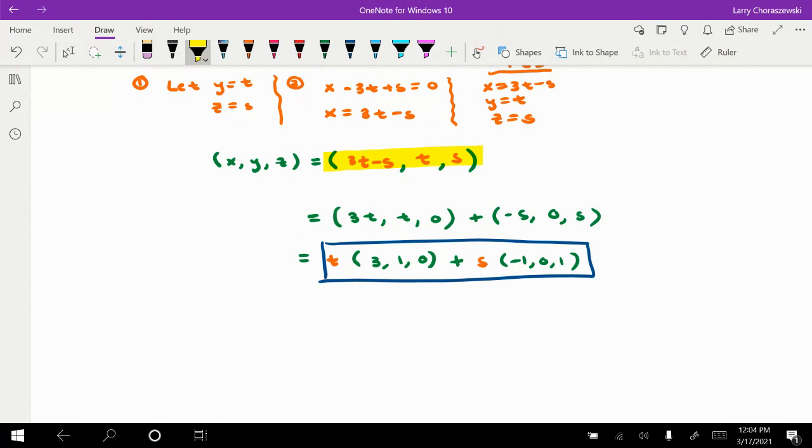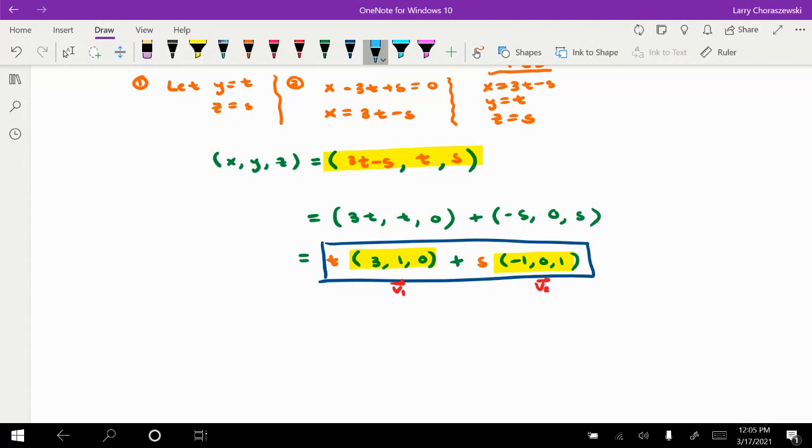And what are we forming mixtures of? Well, we're forming mixtures of the two vectors 3, 1, 0 and negative 1, 0, 1. I.e., all solutions to the system can be thought of as being based on these vectors. So back to chapter 3 stuff, this is like a vector v1, and this is a vector v2.